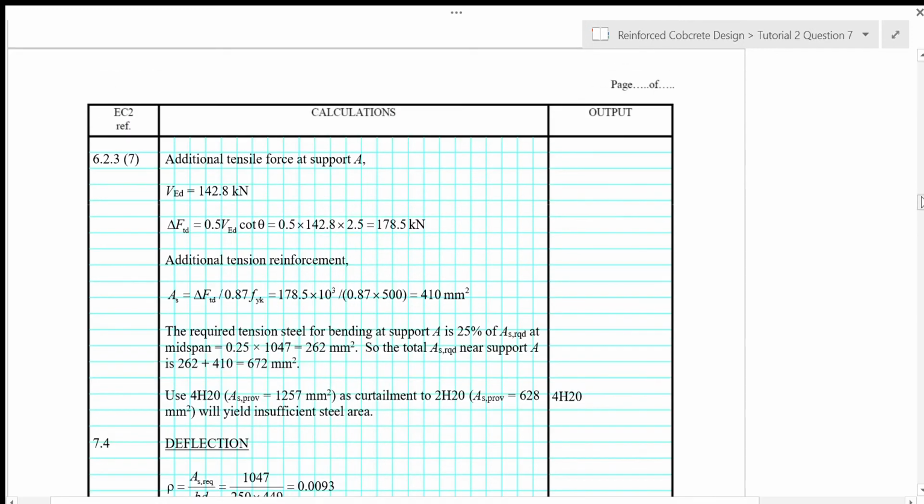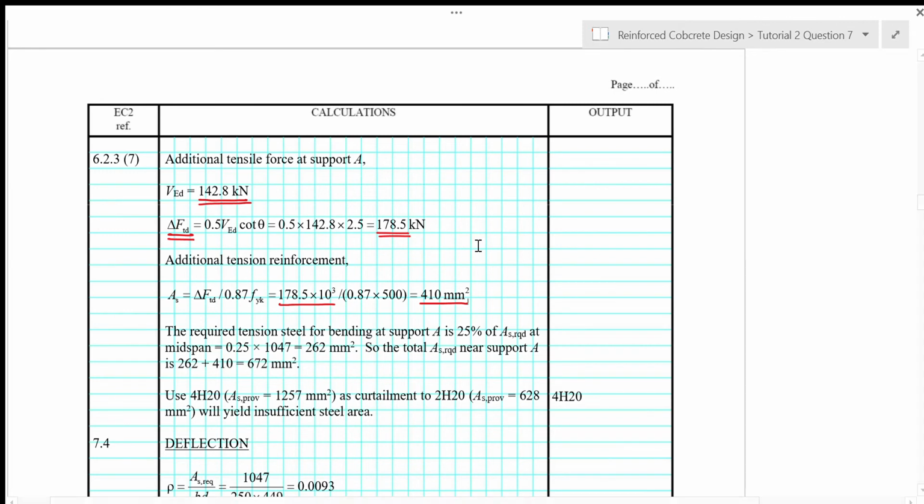And then for the additional tensile force at support A, we use the shear force at support A to calculate delta FTD, that gives 178.5 kilonewton. So we calculate the additional tension reinforcement based on delta FTD of 178.5 kilonewton, and we get the area required is 410 square millimeter.